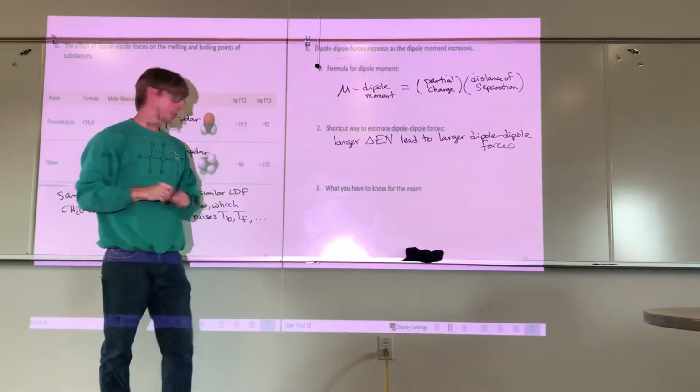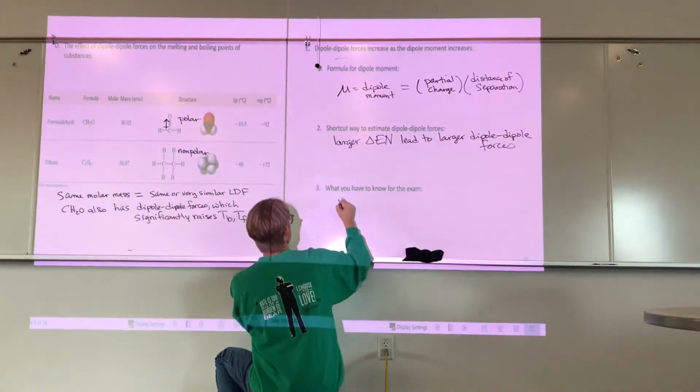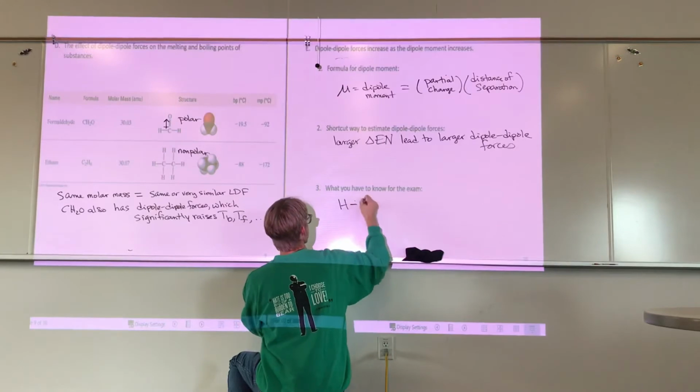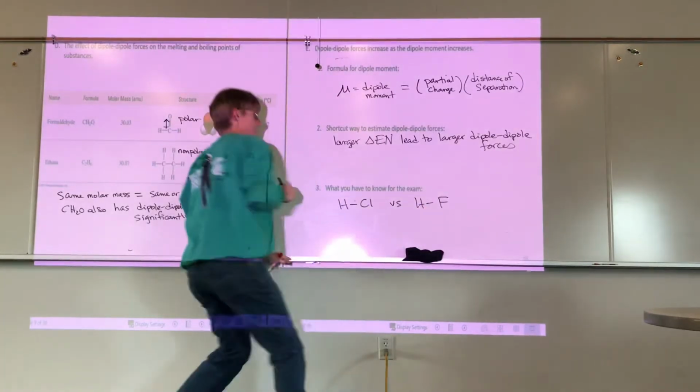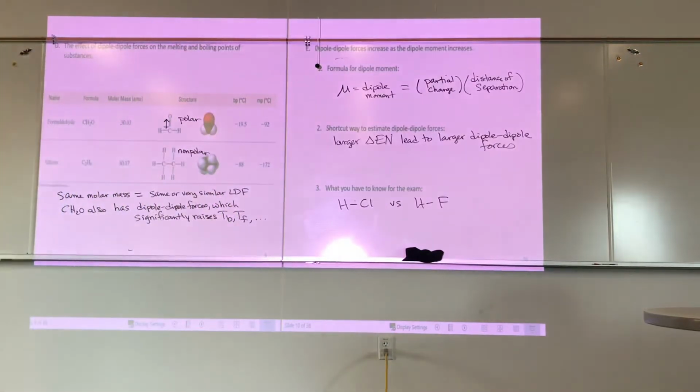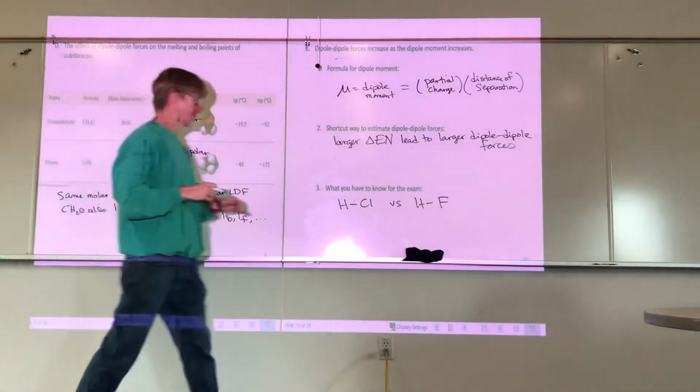And what you have to know for the exam: you have to be able to look at those two molecules and tell me a couple things about them, and this is a good time to go over those.